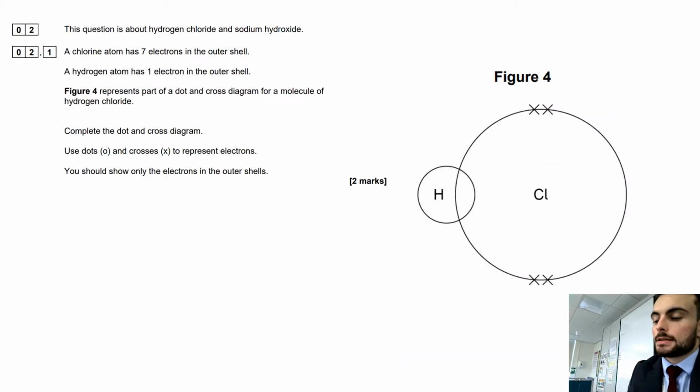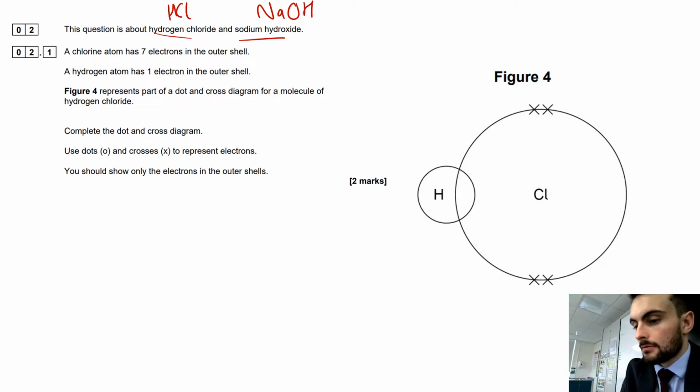This question is about hydrogen chloride and sodium hydroxide. First off, as soon as I see hydrogen chloride, aka HCl, and sodium hydroxide, first and foremost I'm thinking, well, this is an acid, this is an alkali, which may become relevant later on in the question.